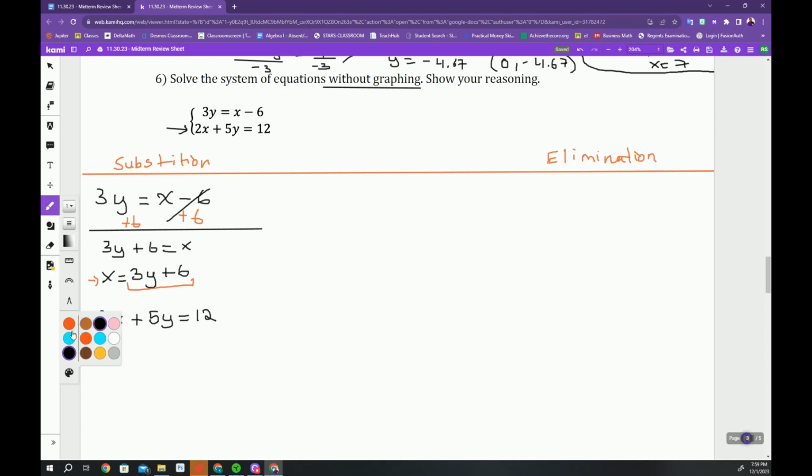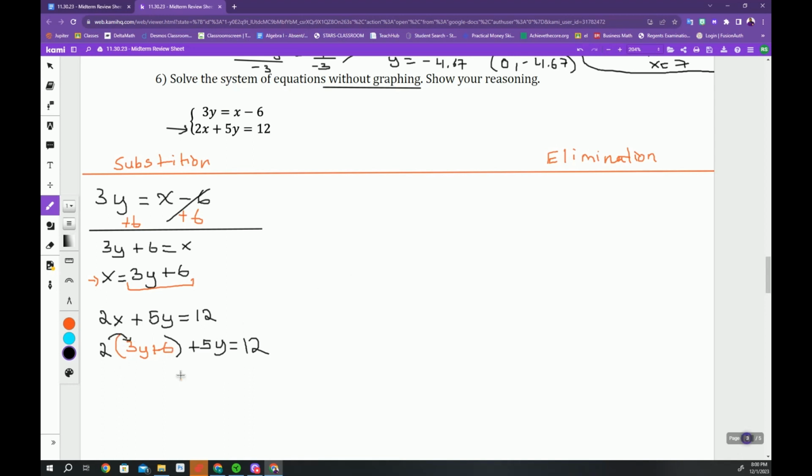2 times, instead of x, 3y plus 6, close those parentheses, plus 5y equals 12. Now we only have one variable, that is y, and we're just going to simplify and combine the equations.